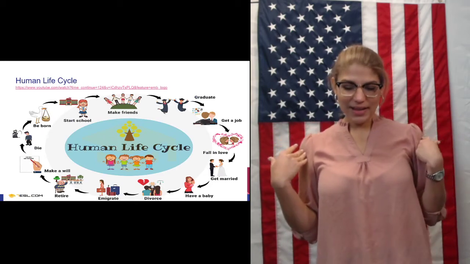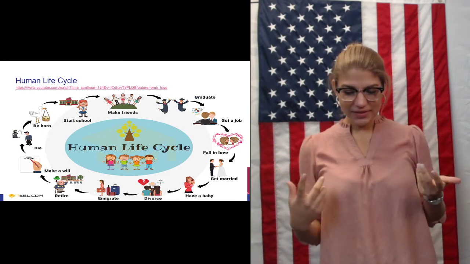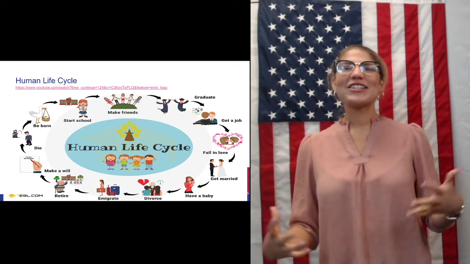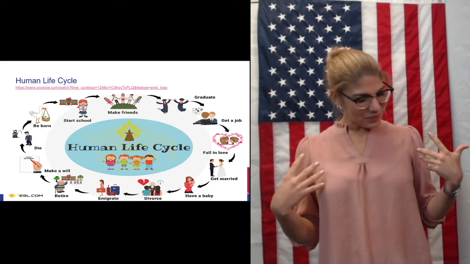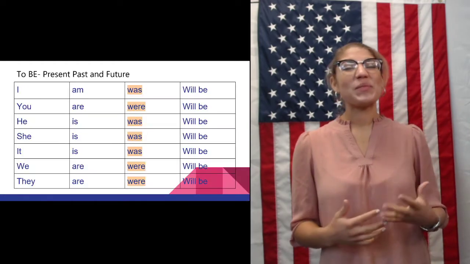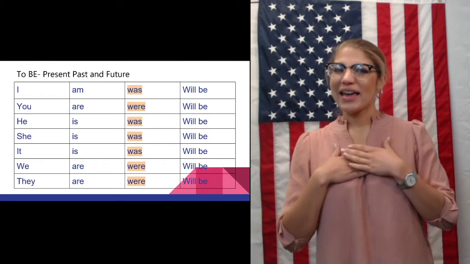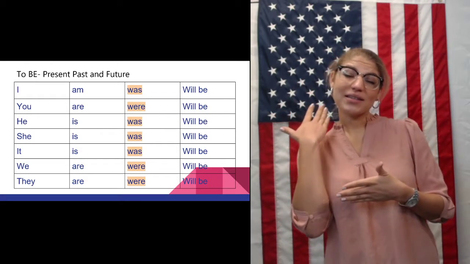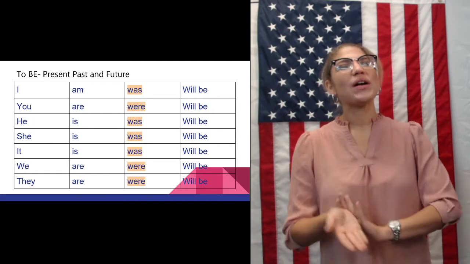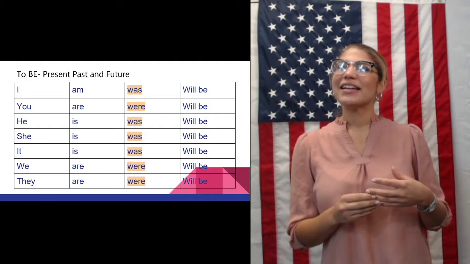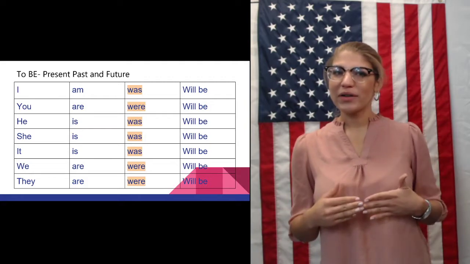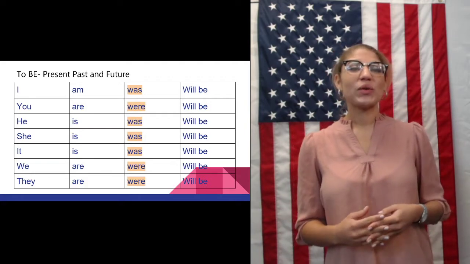In the previous lesson, we talked about the human life cycle, to be born, how to describe your birth, where you say I was born in 1998, or I was born on April 21st.